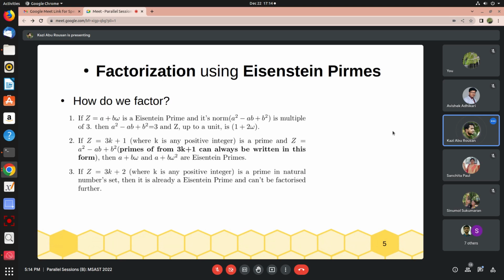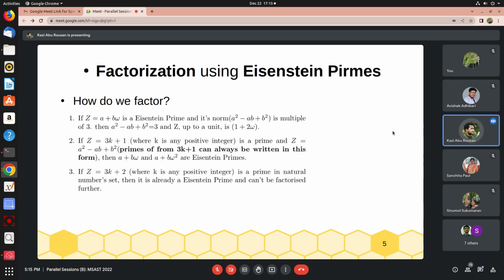If you have a number z, which is a plus b omega, and it is a prime, then whether it can be factored depends upon how it is represented. z can be in the form of 3k plus 1. In that case, it can be factored into two of these primes. If it is of the form 3k plus 2, then it cannot. And for the other case, that is a multiple of 3, it is just written as is.